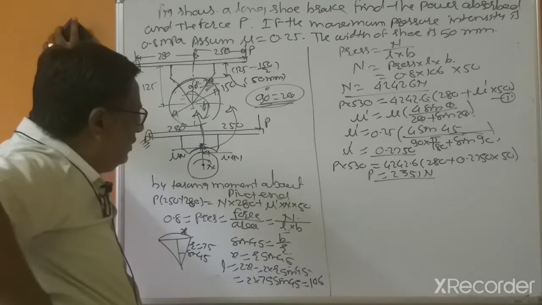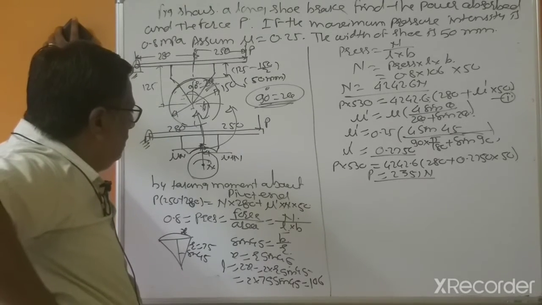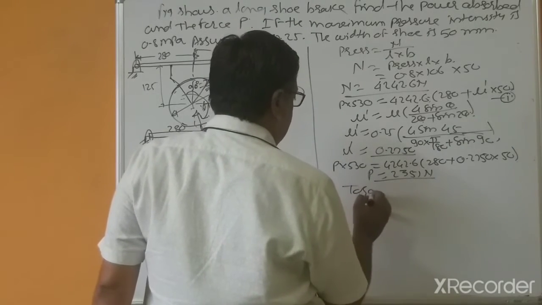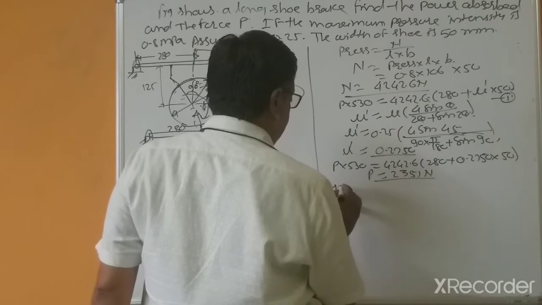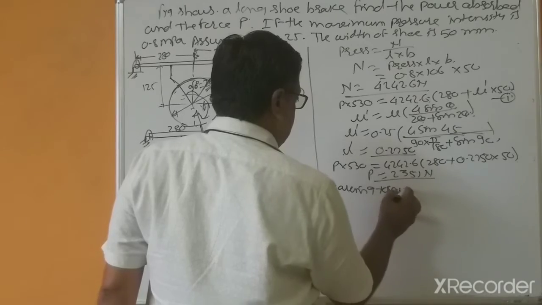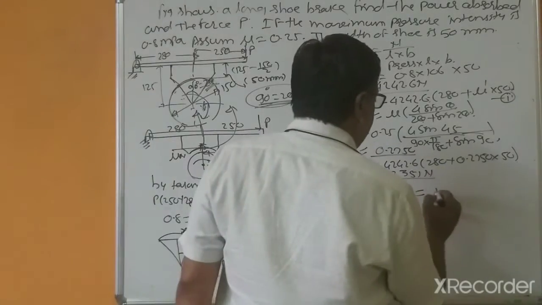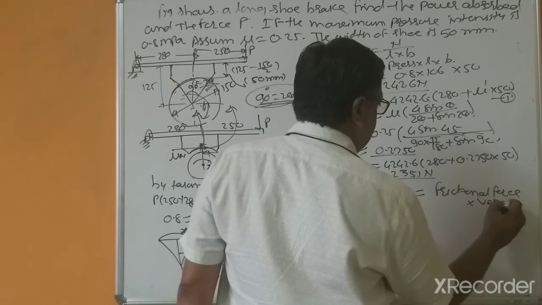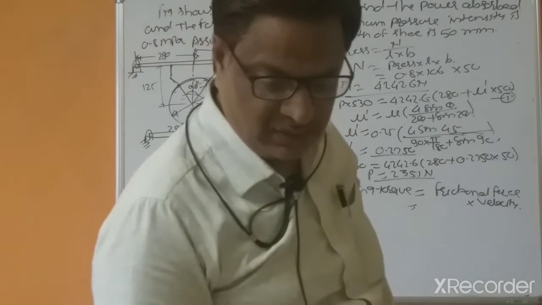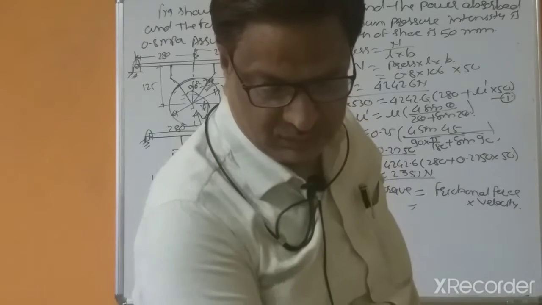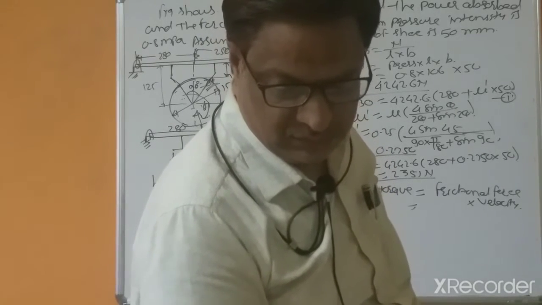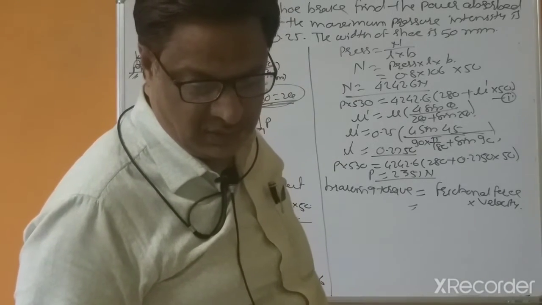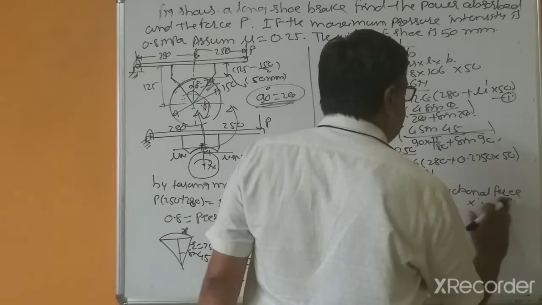so we have to calculate the torque. So braking torque equals frictional force multiplied by radius, this is the basic formula.